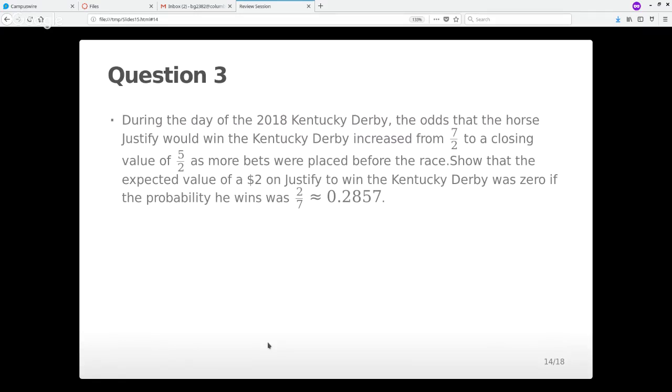So the third question was about the 2018 Kentucky Derby. Lots of good questions could be asked for something like that. I put a post about it on Campus Wire, and then this year it went totally crazy because the horse that finished first got disqualified.